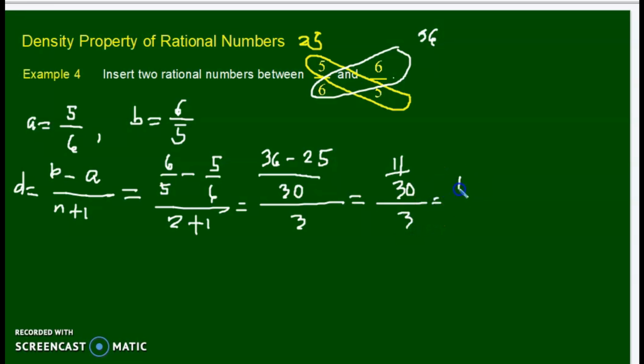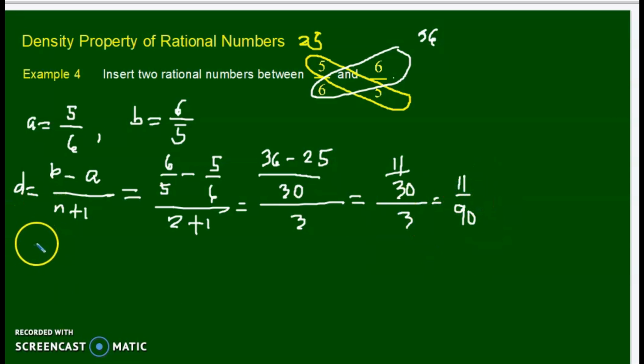So, we have 11 over 90. Okay? So, this is our D. Now, sabi nga natin kanina, determine the missing rational numbers that are equidistant between 5/6 and 6/5. We just keep on adding 11 over 90.